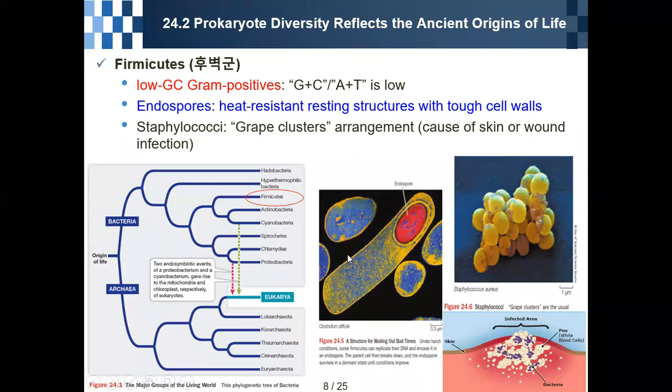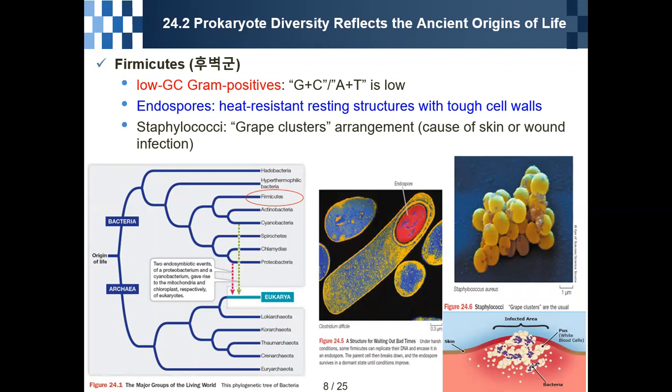This is the host cell, and this is the endospore they made. It is a heat resistant resting structure with a cell wall on the very top. So even in high temperature, they can survive.